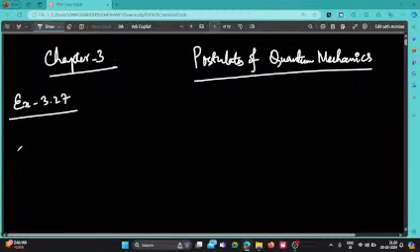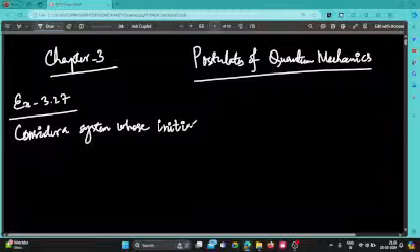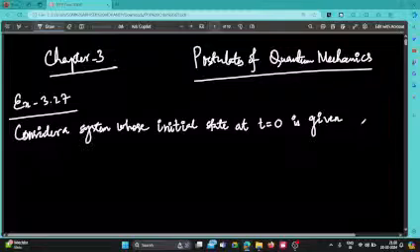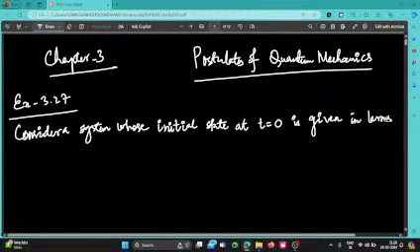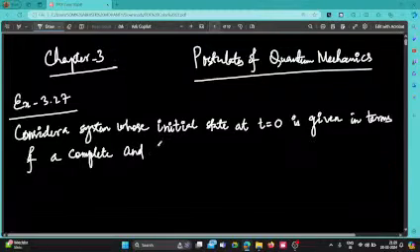Here consider a system whose initial state at t is equal to 0 is given in terms of a complete and orthonormal set of 4 vectors.